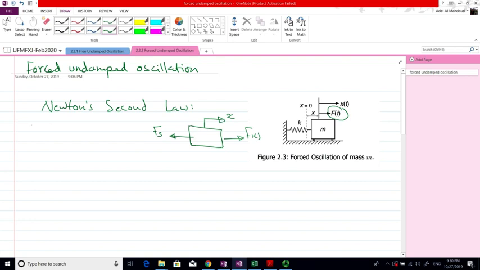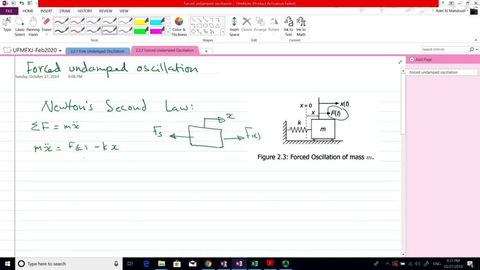Newton's second law states that the summation of all forces acting on the object will be equal to mass multiplied by acceleration. What forces will it be? So the mass multiplied by acceleration will have a positive external force, Ft, and a negative spring force. And the spring force is minus kx.